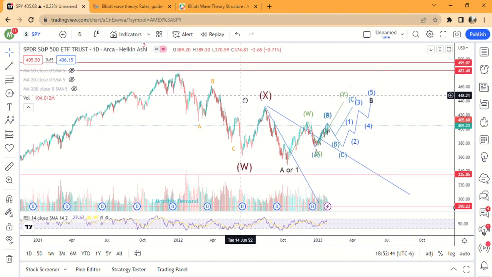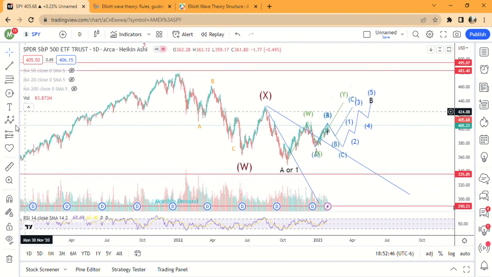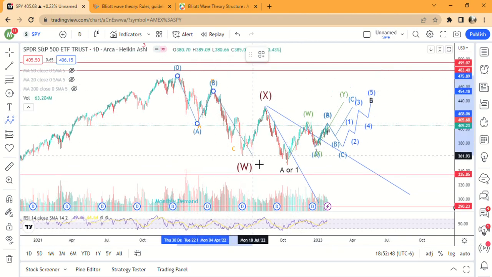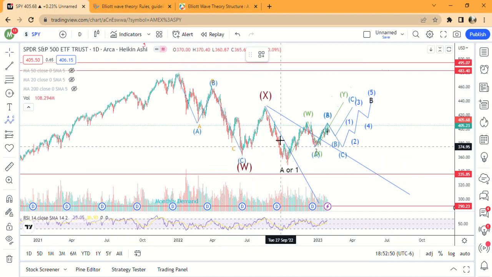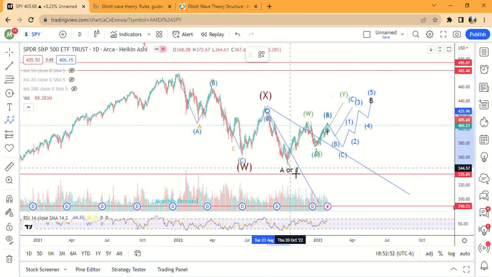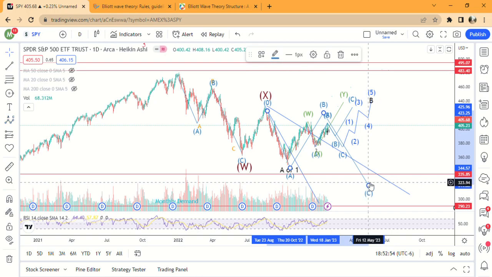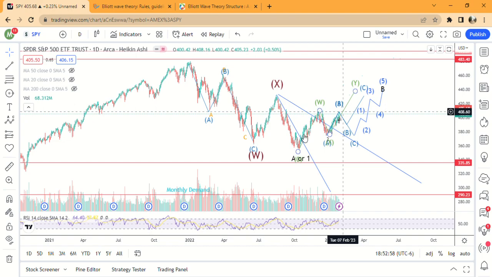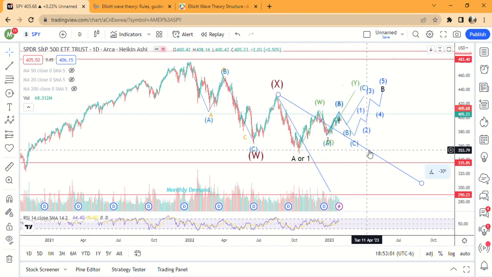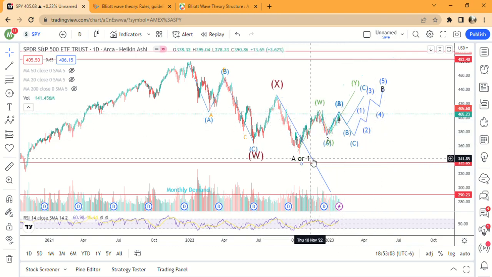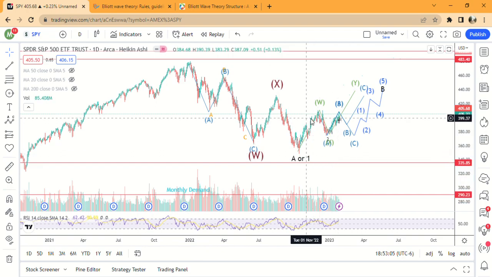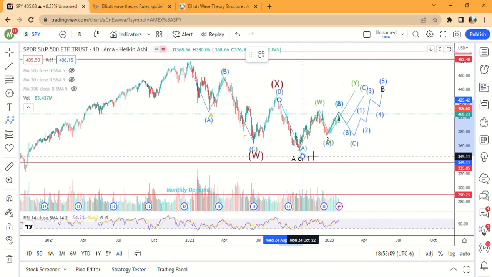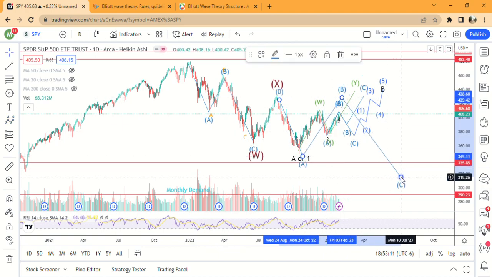What is the only corrective move that can go A, B, C, and then A, B, C, and then A, B, C, W, X, Y. So we know that this is the B wave right here. The only thing we don't know, so we know this is going to play out like this. It's going to be A, B, C down here.